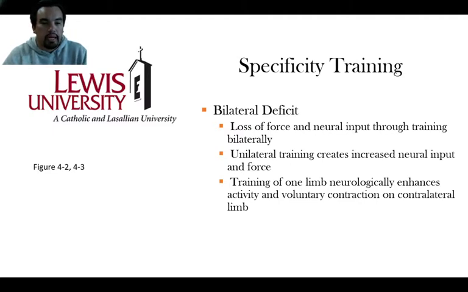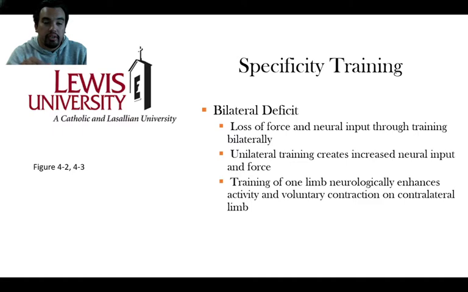There's this thing called the bilateral deficit, which is a loss of the force and neural input through training bilaterally. So as I train a bilateral exercise, I actually have a decrease in the force and neural input through training that way. Okay, so my motor neuron or motor unit activation is actually going to be a little less by training bilaterally.